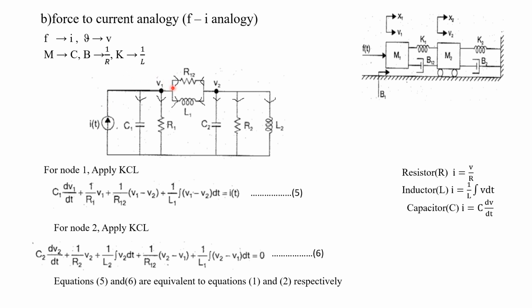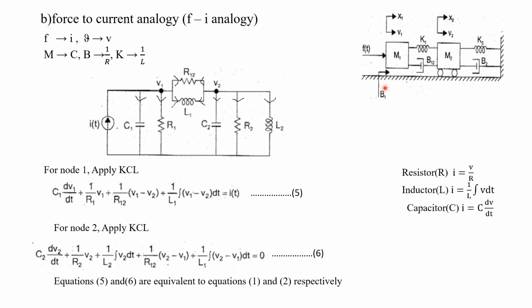Now see here, what are the opposing forces? Due to mass M1, mass is equated to capacitor, so we have to draw a capacitor here. The elements which are connected only to this mass M1 will be connected between that node as well as ground. The elements related to both the masses will be connected between the two nodes. Understood?